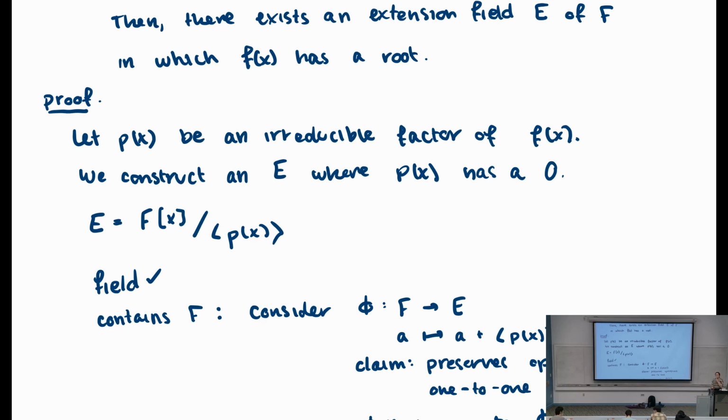Yeah, question? So wait, p(x) is that an element of E? p(x) is an element of F[x]. But how come it's another root in E if it's not an element of E?